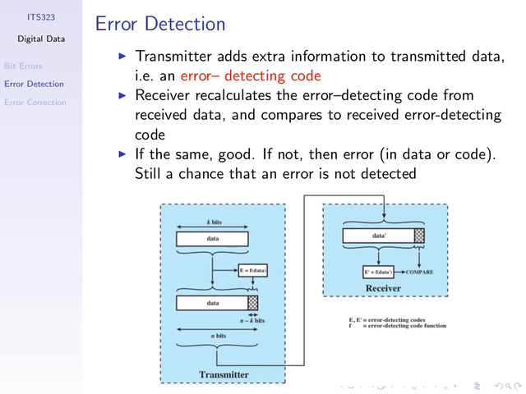How that works, this diagram tries to illustrate it. This is the transmitter, these are the steps at the receiver. The transmitter has some data to send, k bits. It applies some function on that data. We'll give two examples of different functions it can use.